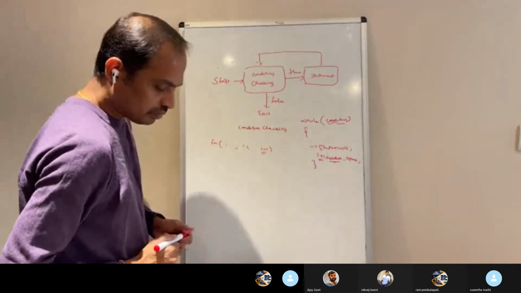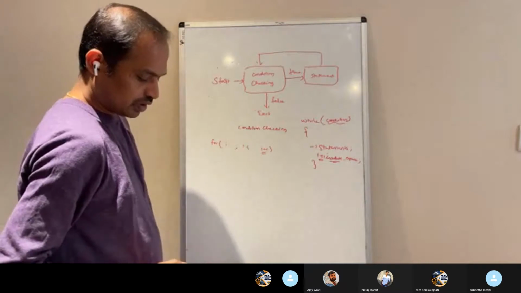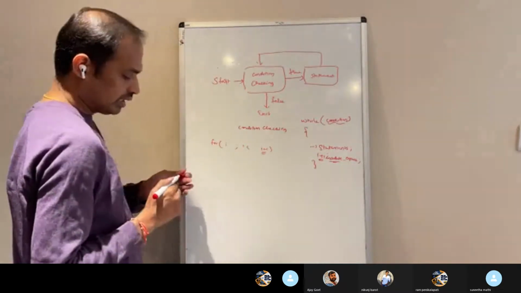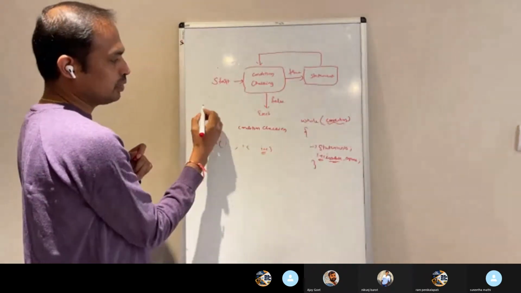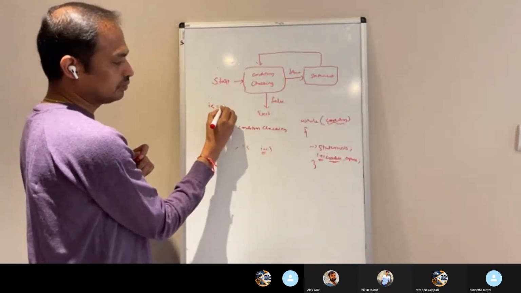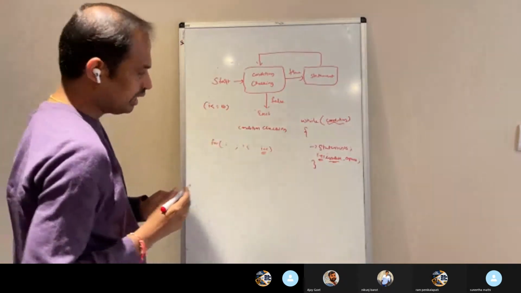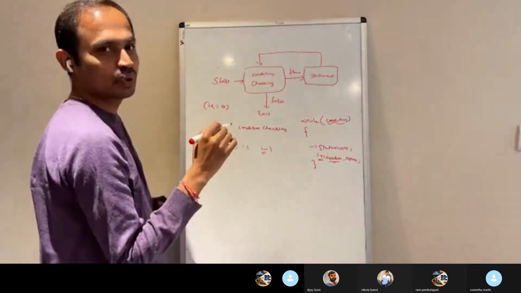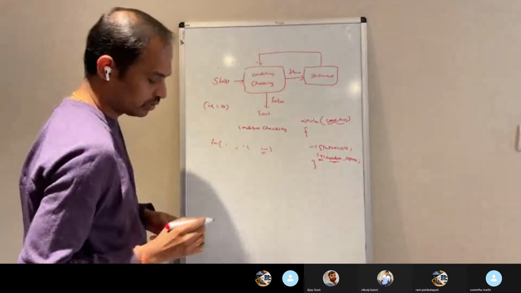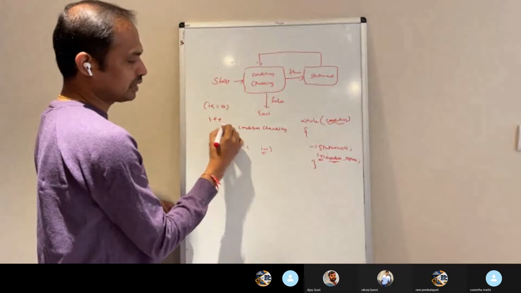So here is the test expression. What is the condition? Suppose i less than or equal to 10. We don't know the number of iterations, so I'm just giving i plus plus here.